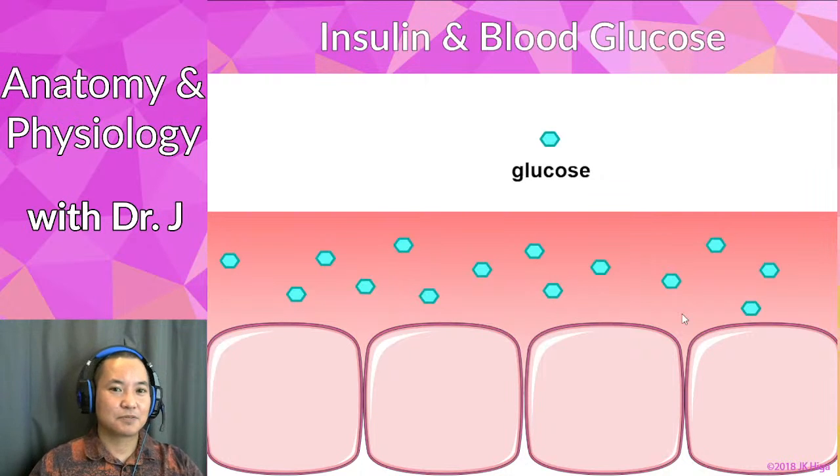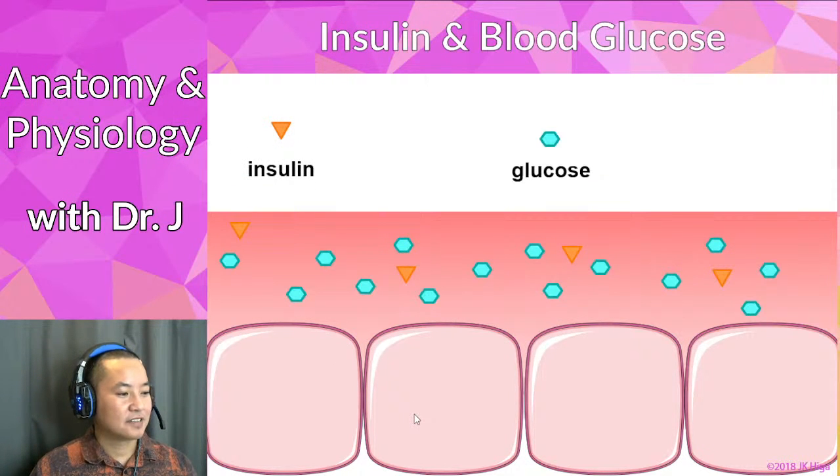All right, so let's put this mechanism of insulin and glucose transport together with blood glucose. Here we have the bloodstream with all this glucose floating around, and we have all these cells. We're also going to have our beta cells producing insulin.